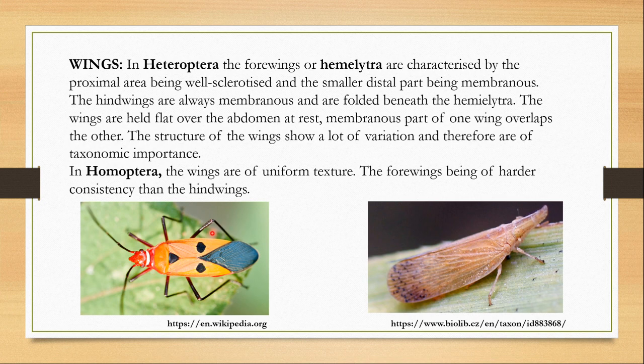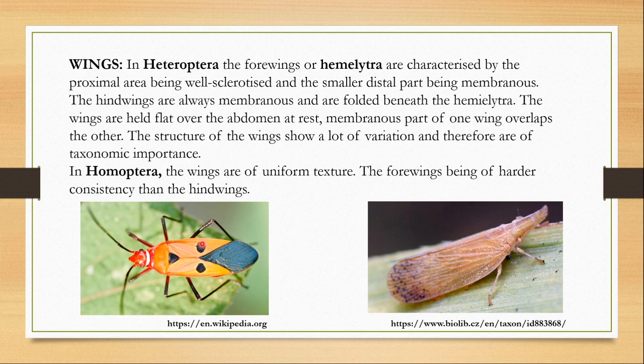So if we stretch the forewings of these type of insects, what we are going to see is that starting from the basal portion, half of the wing has a well sclerotized nature, or it is harder in consistency or texture, and there is a small distal part which is membranous. So this part, because it is harder in texture, is known as the hemielytra, and this part is the membranous part.